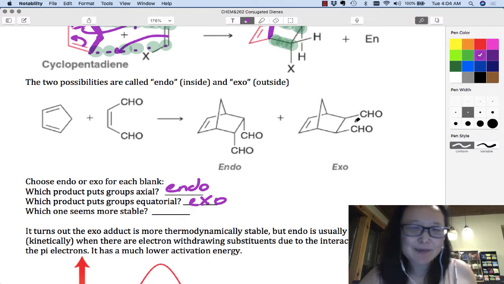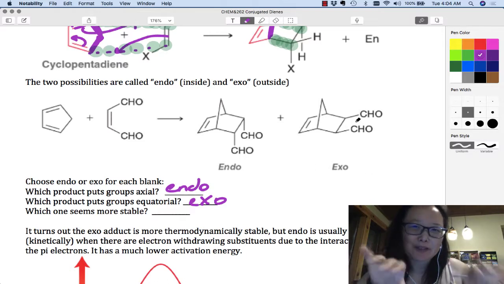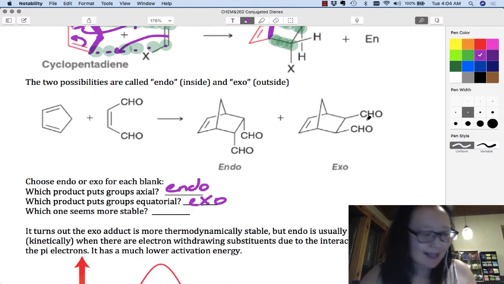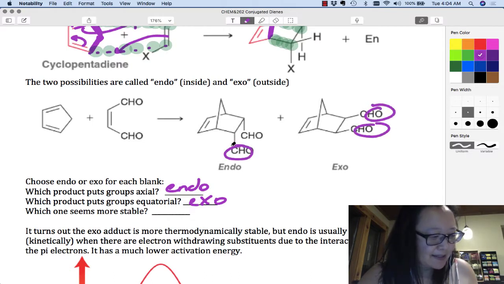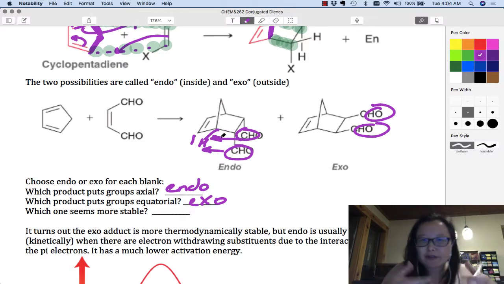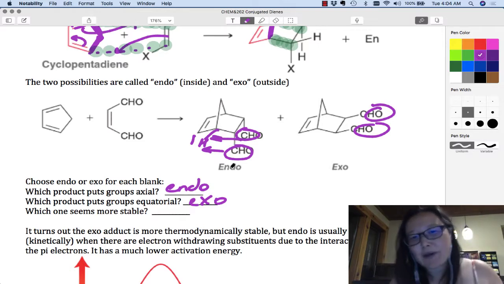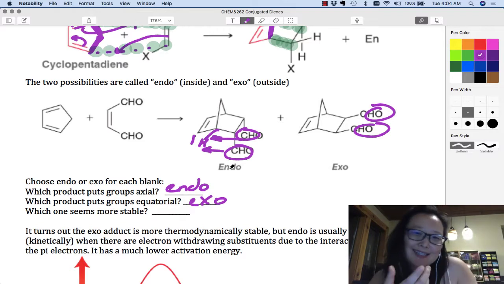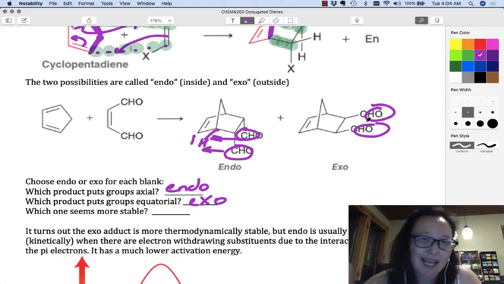Well, I think you remember equatorial means you're pointed away from the ring. These guys are not as repulsive as these guys in terms of hydrogens being nearby. They tend to have more electron repulsion because they're closer inside the ring. That's why we call it endo, because it's inside the ring system right here, whereas exo is a little bit more outside.